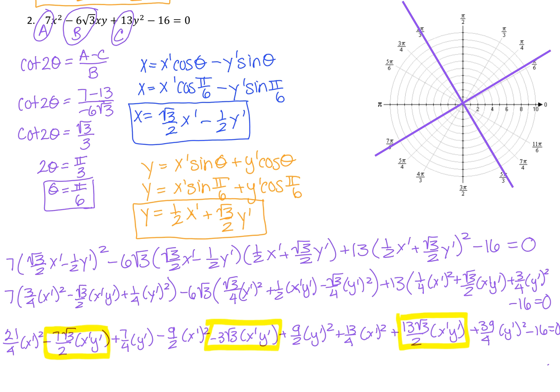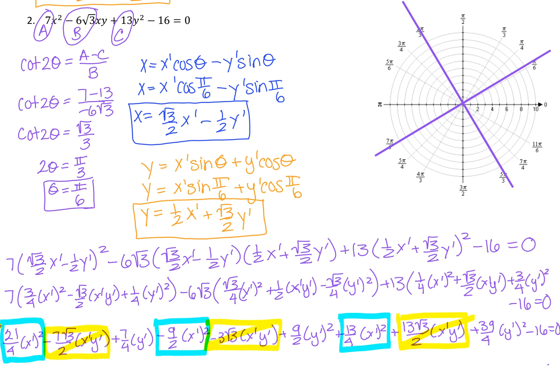Then I'm going to add together the other terms that I have remaining. Adding together the x prime squared terms, I have 21 over 4 x prime squared, I have -9/2, and I have 13 over 4. Those are my 3 x prime squared terms. Adding those three together, let's see, 21 plus 13 is 34, 34 minus 18, because it's got to be 18 over 4, gives me 16 over 4, which is 4.